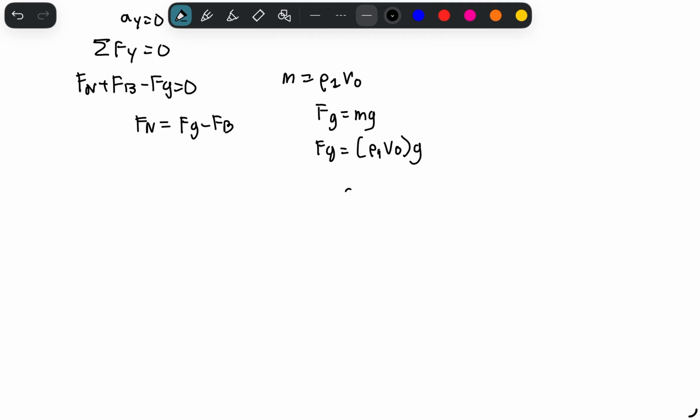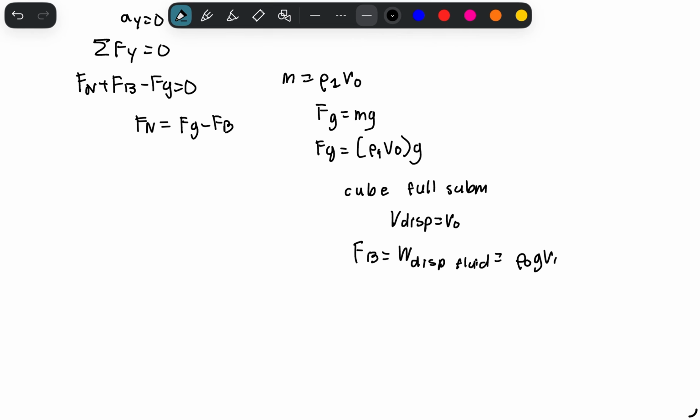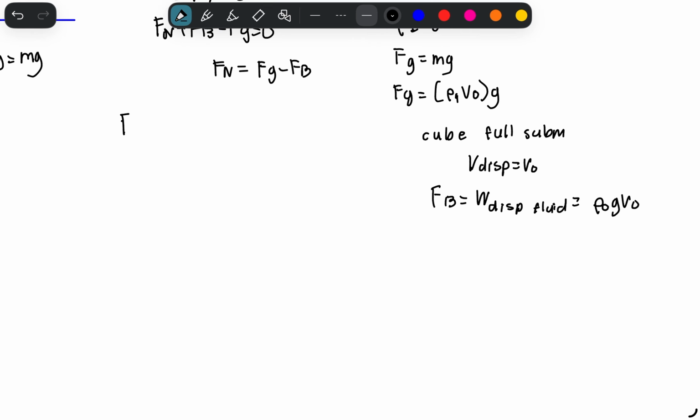If the cube is fully submerged, then the displaced volume is equal to V initial. So the buoyant force is equal to the weight of the displaced fluid, and that's going to equal this expression here. So then our final expression for Fn, we have this, and you can rewrite this like this.